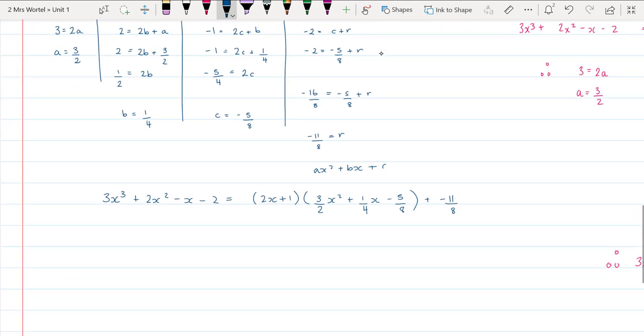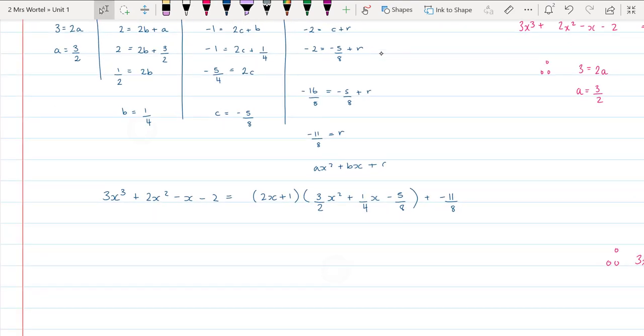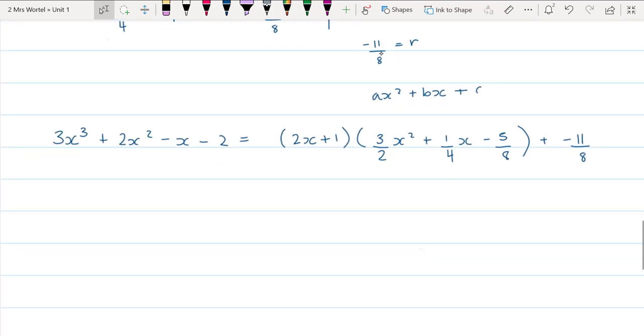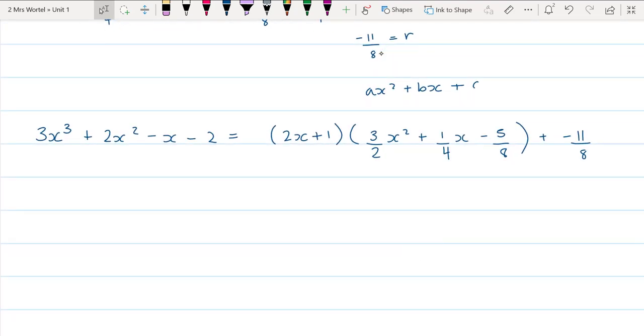So I can say, using that identity that we worked out for ourselves at the start of the lesson, my original polynomial can be written as my divisor. So if this was p of x, this was d of x, this was my quotient, and this is my remainder.